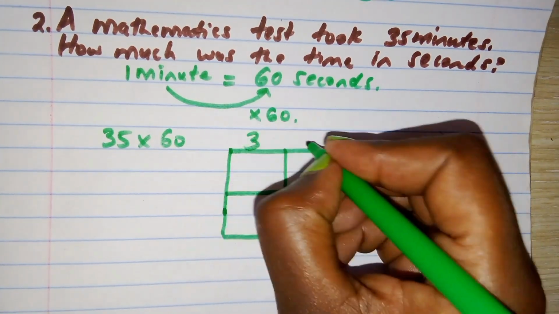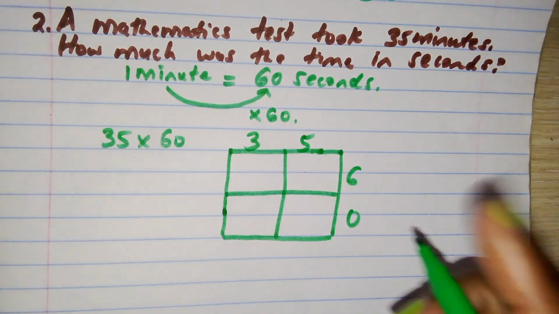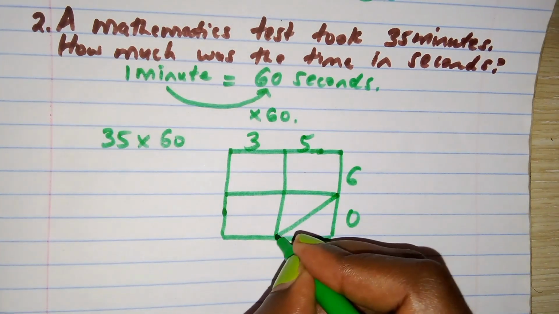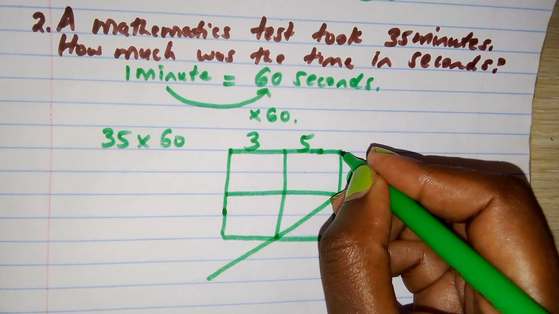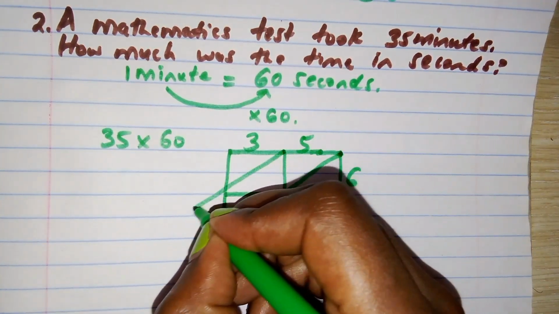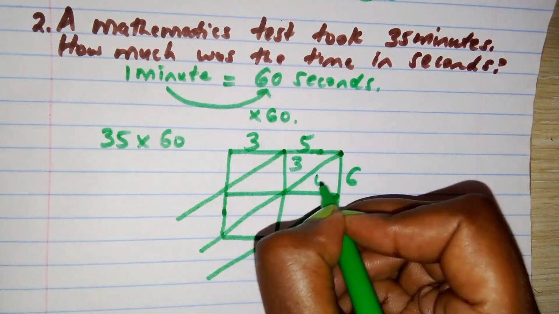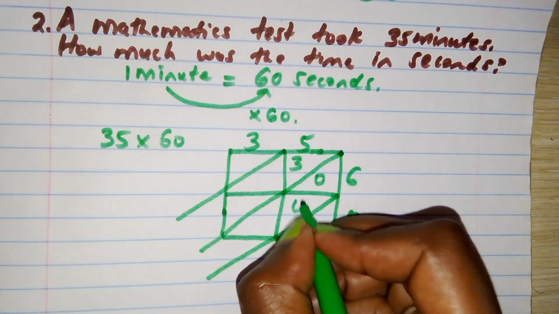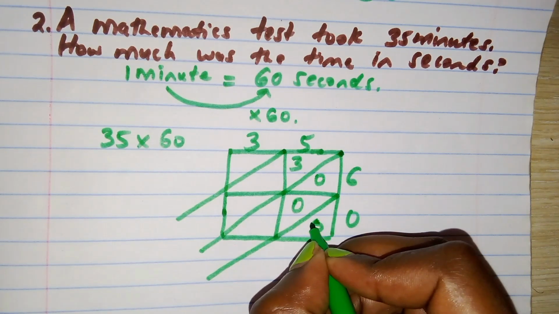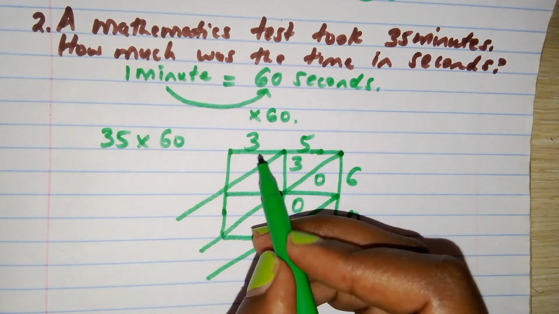So we have 35 times 60. Then the next thing, draw your diagonals, 1, 2 and 3. 5 times 6 is 30. 5 times 0 is 0. Any number multiplied by 0 is just 0.